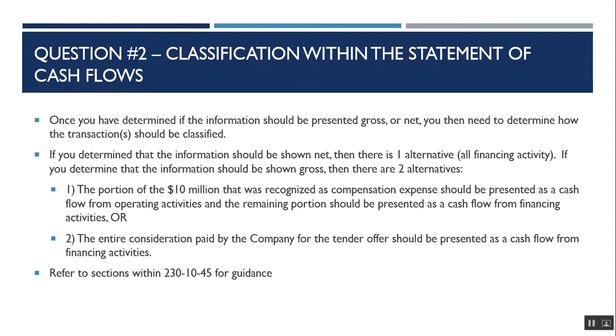The second alternative is that the entire consideration paid to repurchase the company's stock should be presented as a cash flow from financing activities. Specifically, you can refer to different sections within 230-10-45 for guidance. You're going to have to look at a couple different sections in that topic in order to make a determination about the appropriate way to classify the transaction.